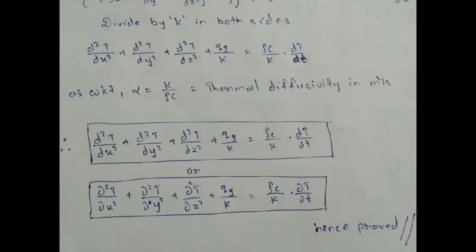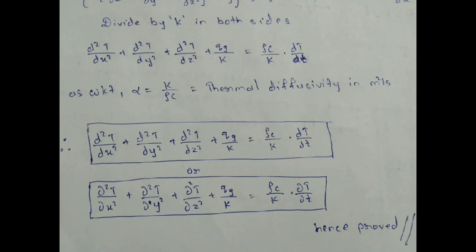Dividing by K on both sides, the last equation is d square T by dx square plus d square T by dy square plus d square T by dz square plus Qg divided by K is equal to rho C divided by K into dT by dt. Here alpha is equal to K divided by rho C, which is called the thermal diffusivity.